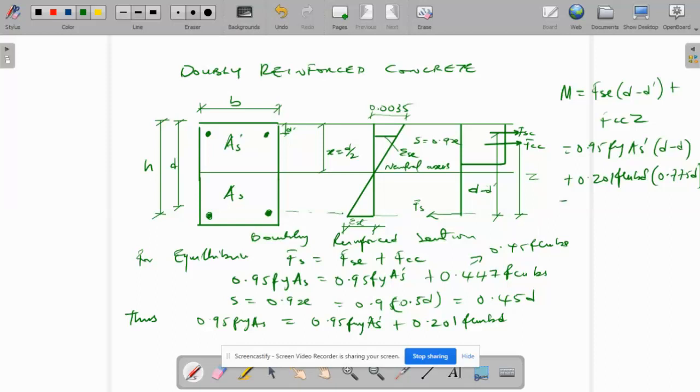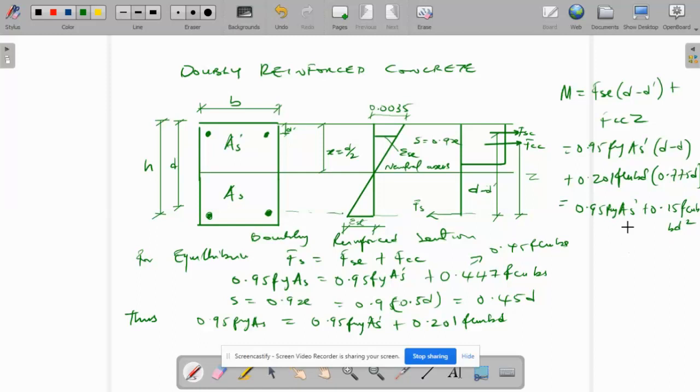When we evaluate, this will be equal to 0.95 fy As prime (d minus d prime) plus 0.156 fcu b d squared.